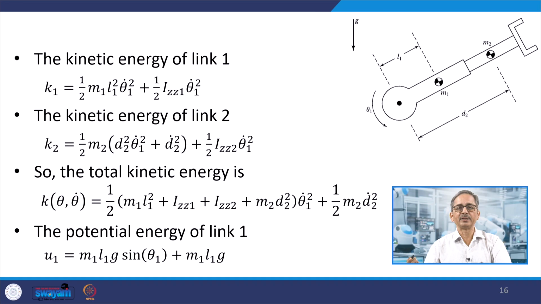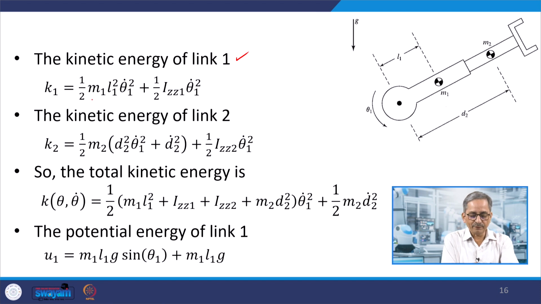So the kinetic energy of link 1 we can evaluate. It will be half m L1 square theta 1 dot square, that is half mass into the velocity of the CG of this link, and this velocity is r omega.